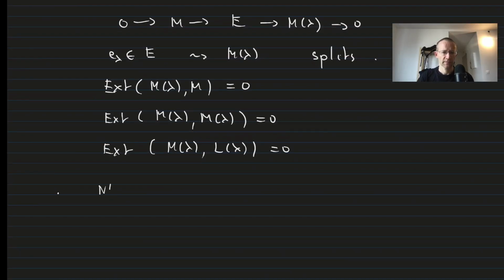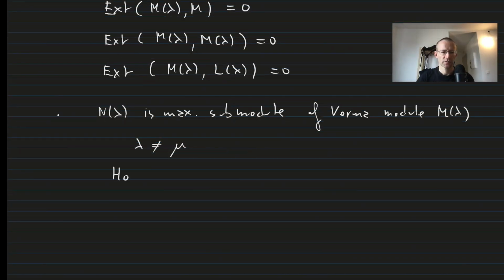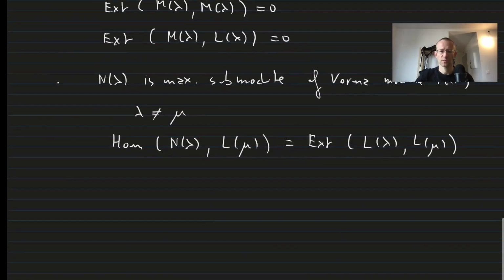Let's suppose that N lambda is the maximal submodule, as usual, of the Verma module M lambda, and let's suppose that lambda is different from mu. And one can prove that the group of homomorphisms from N lambda into L mu is equal to the extensions of the simple module L lambda into L mu. This is a simple consequence of homological algebra.